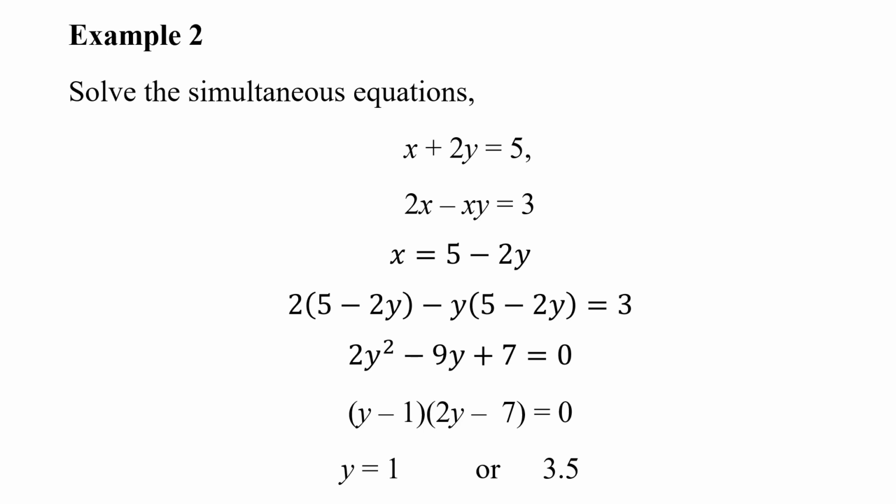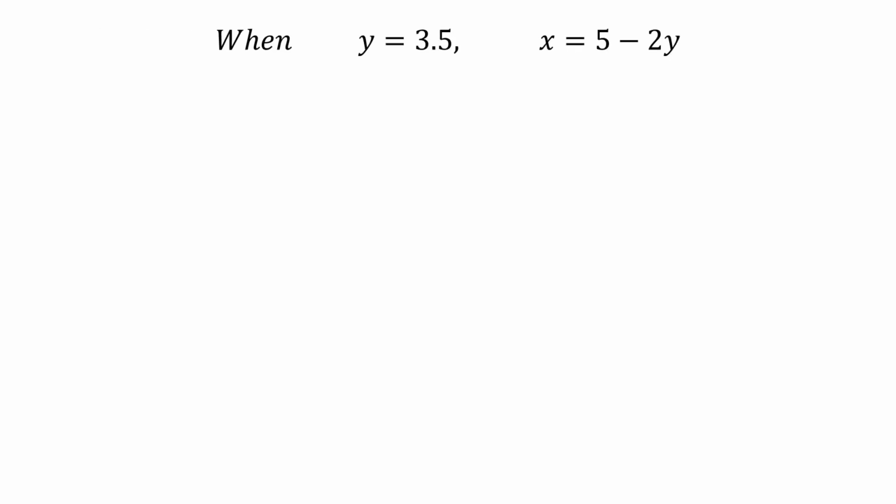Now that we have the values of y, we can now use them to find the corresponding values of x, right, like this. When y is 3.5, I am going to use this equation, x is equals to 5 minus 2y. So when y is equals to 3.5, I will substitute 3.5 for y here. So it will be 5 minus 2 by 3.5, and this simplifies to 5 minus 7, which is minus 2.